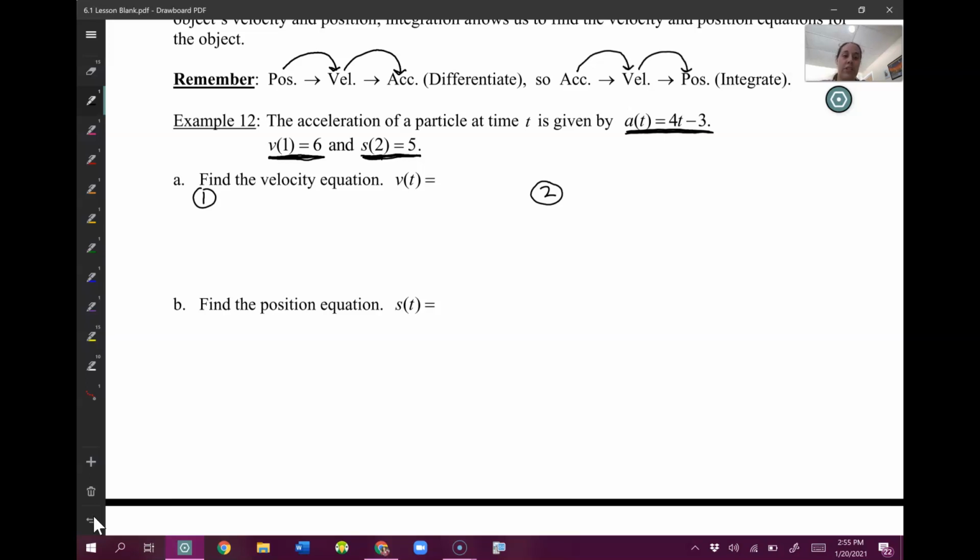So our first step is going to be to integrate my acceleration equation to come up with my velocity equation plus c. And then step 2 will be to plug in my initial conditions to solve for what c should be. So I want you to pause the video, try and do both of those steps on your own, and then come back and see how you did.